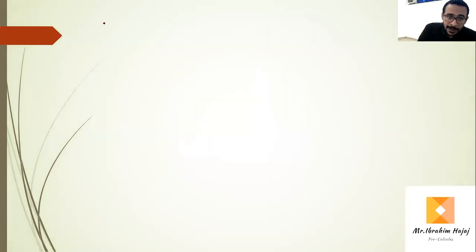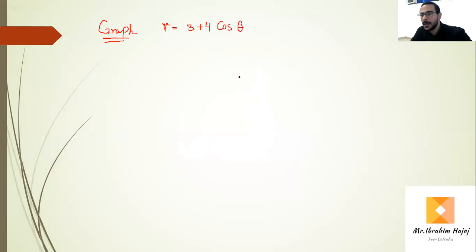One more example. Graph R equals 3 plus 4 cosine theta. We take it on the cosine. Make sure that it's theta. In pre-calculus, it's only theta.